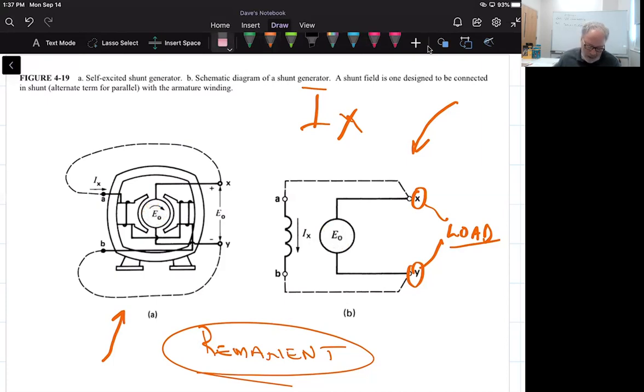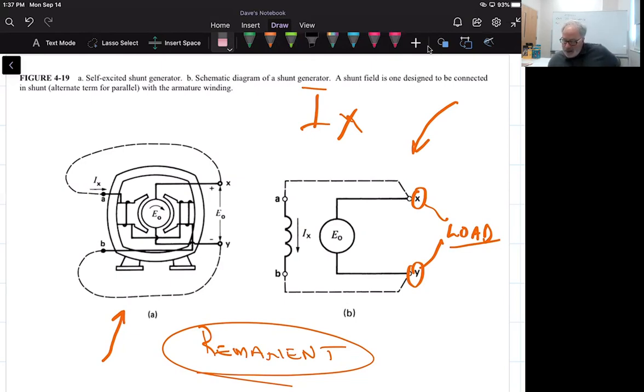So when I rotate this, it is going to create a voltage, because the conductors are turning, and this remnant flux creates a voltage.